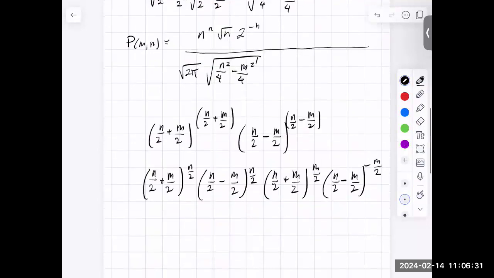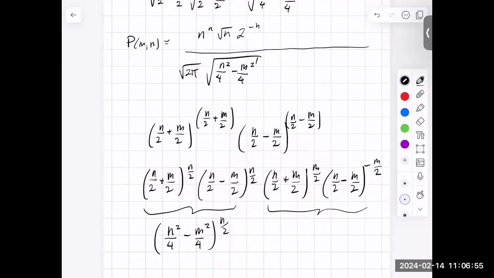So these ones can be combined like we did before. Minus m squared over 4. And this is all to the n over 2 power. And then these ones, we can't combine them because it's not the same power, but we could write this in a different way.